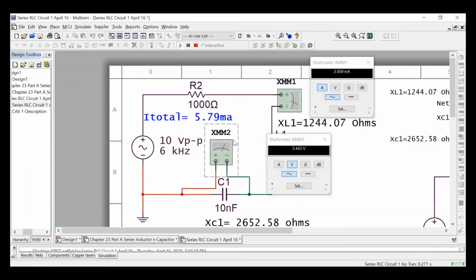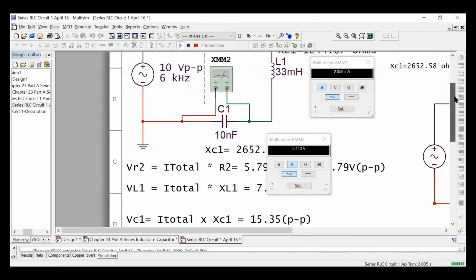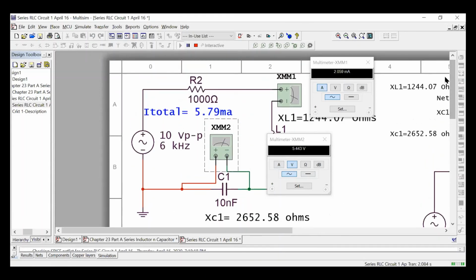Remember, this is an RMS, so we got 5.443 times 1.414 times 2, 15.39. Yeah, it looks good, because we came up with 15.35. We're right in the money. Sometimes having big numbers gives you a little bit of a scare, but it looks good.